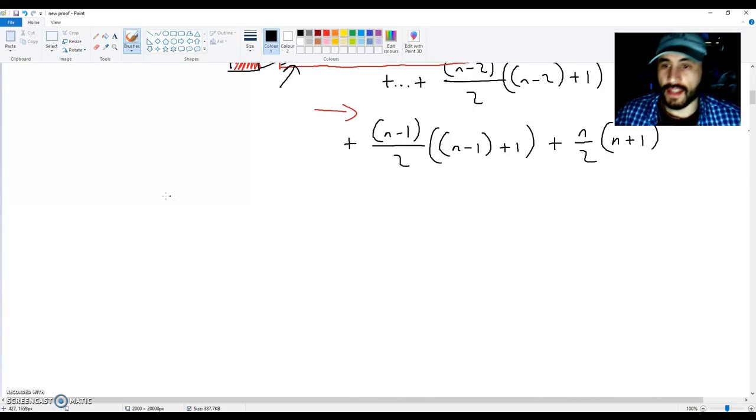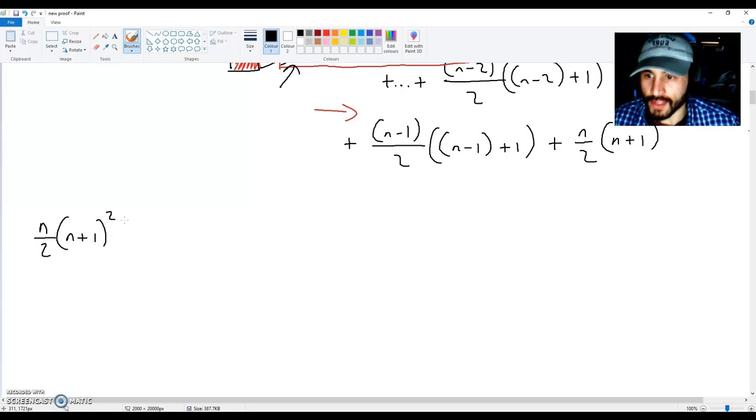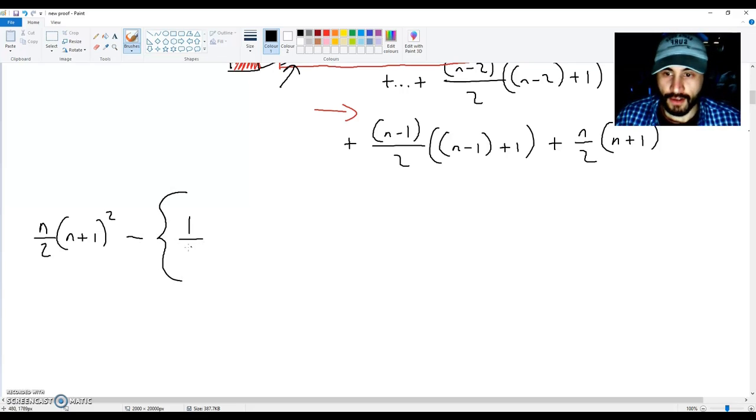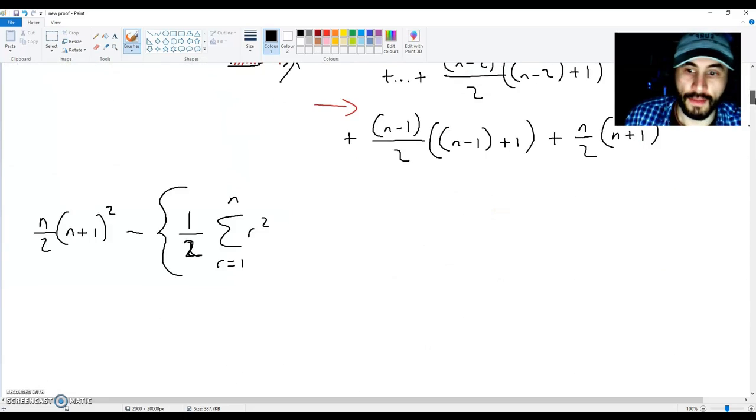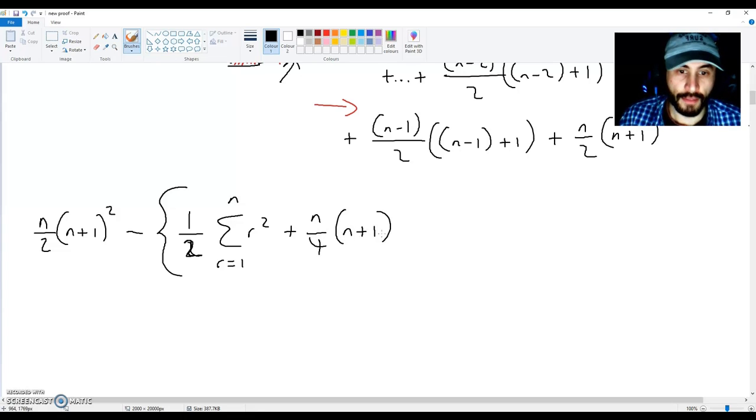Alright, so I'm going to get the area of the rectangle, which is n over 2 multiplied by n plus 1 squared, and I'm going to subtract the red parts from it, which is half this, which we've already established up here, plus n over 4 multiplied by n plus 1.